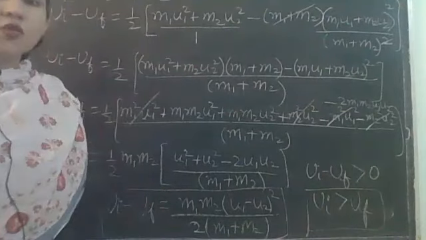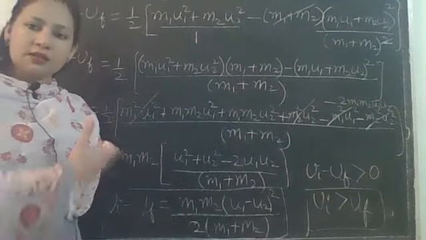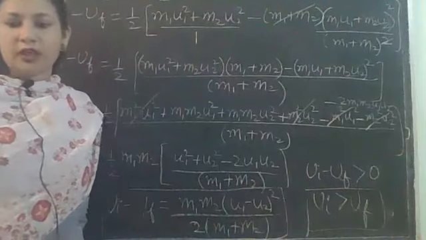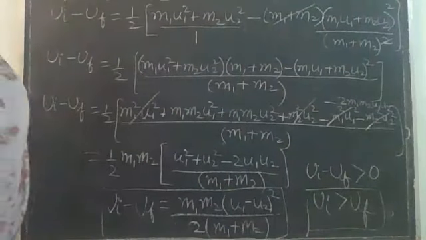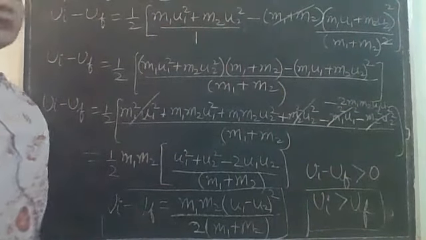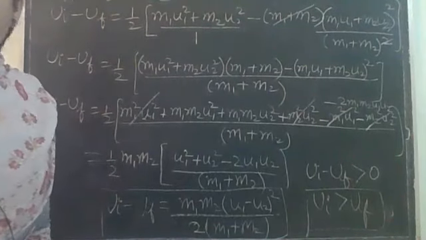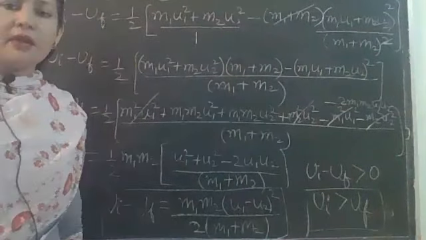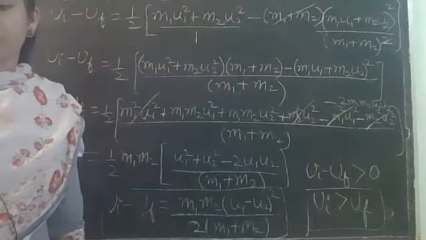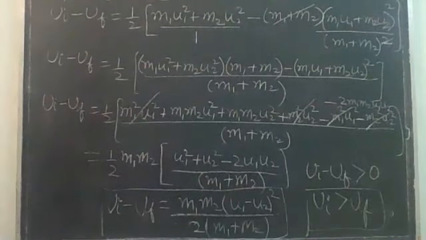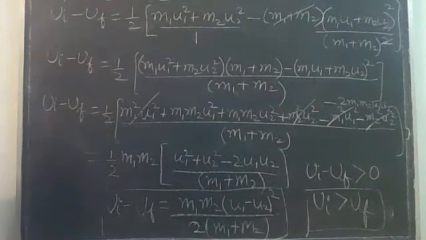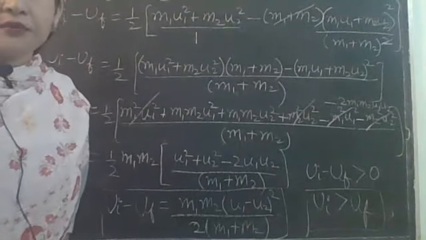Next, let us do one numerical based on this last derivation. Write down one numerical problem. A body of mass capital M at rest is struck by a body of mass small m.